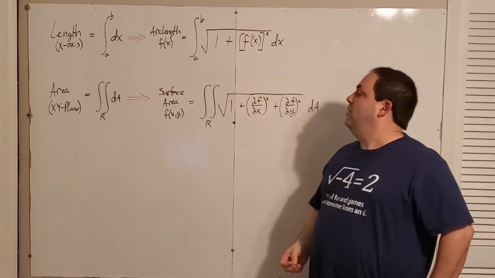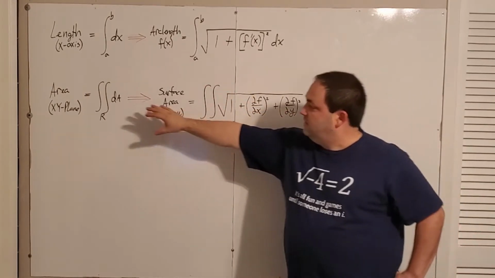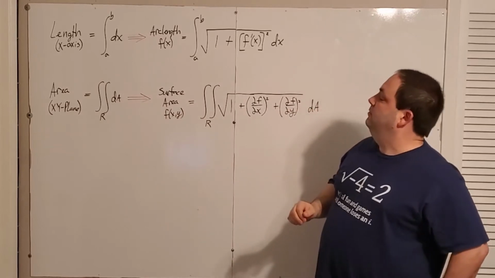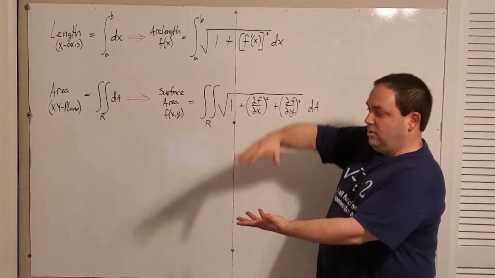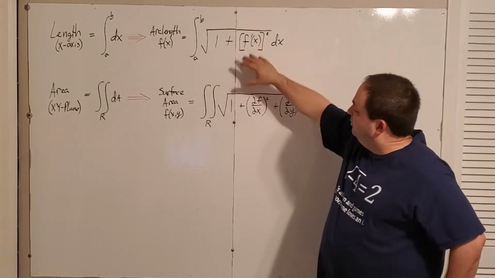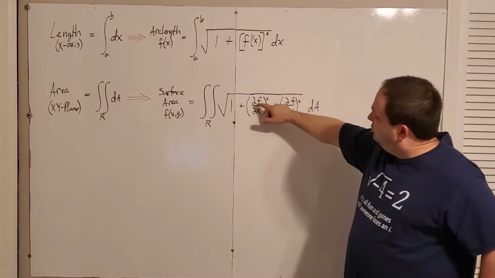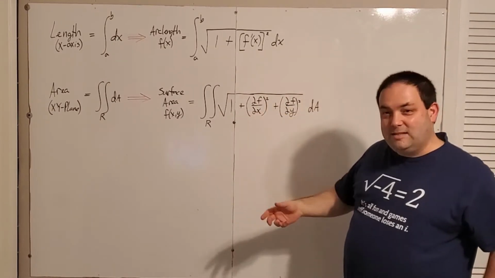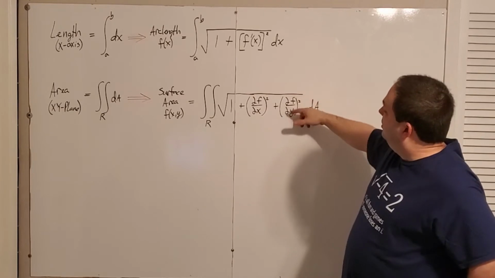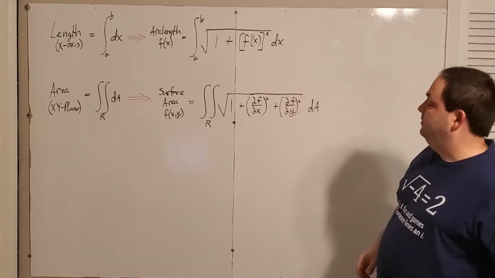A surface area integral is just going to be a double integral, just like the double integral for the area here. But since it's a surface off of the plane itself, it has a very similar format here. You can see the square root of 1 plus the partial derivative of f with respect to x squared plus the partial derivative of f with respect to y squared, and then dA.